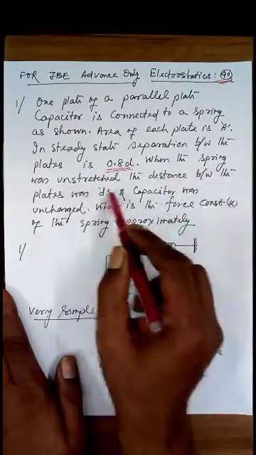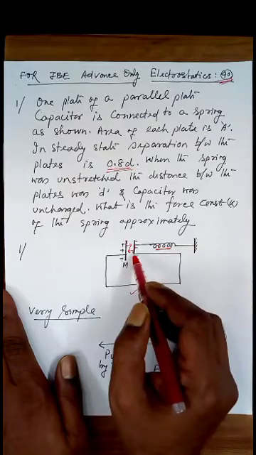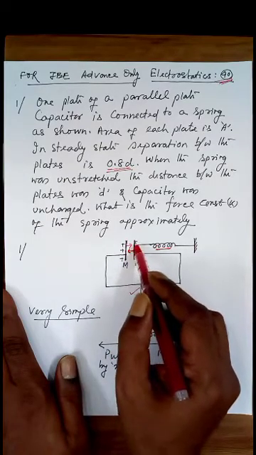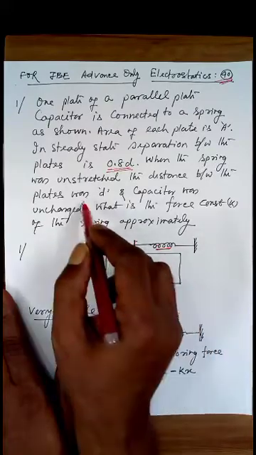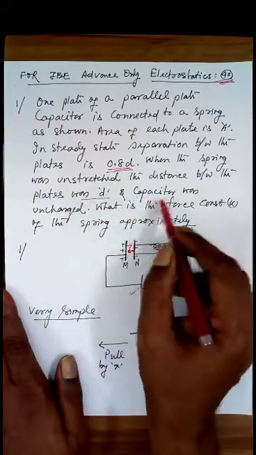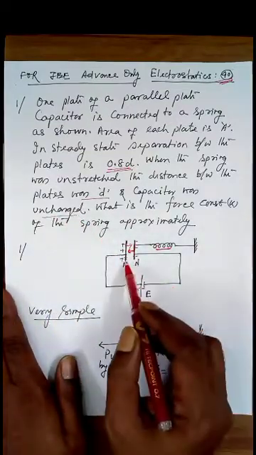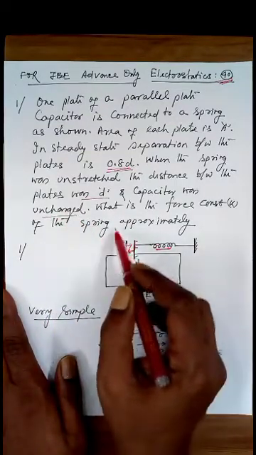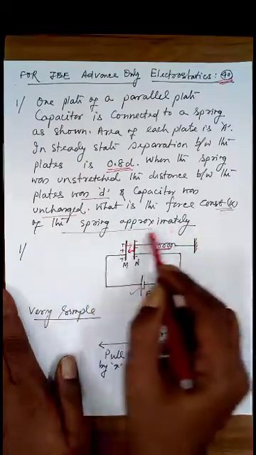When the spring was unstretched, meaning when there was no force, when the capacitor was not charged, the distance between the plates M and N was d. What is the force constant k of the spring?